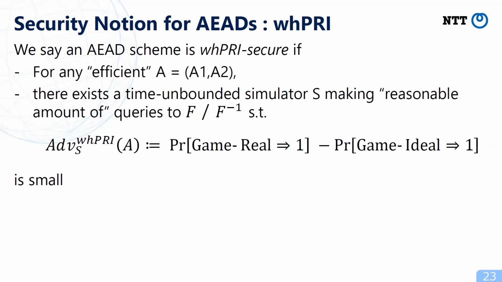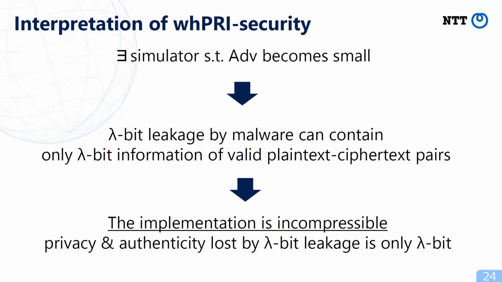And next, I'd like to explain how we can interpret this new security notion. So suppose we have an AED scheme, and this AED scheme is WHPRY secure. Then there exists a simulator making the distinguishing advantage small.